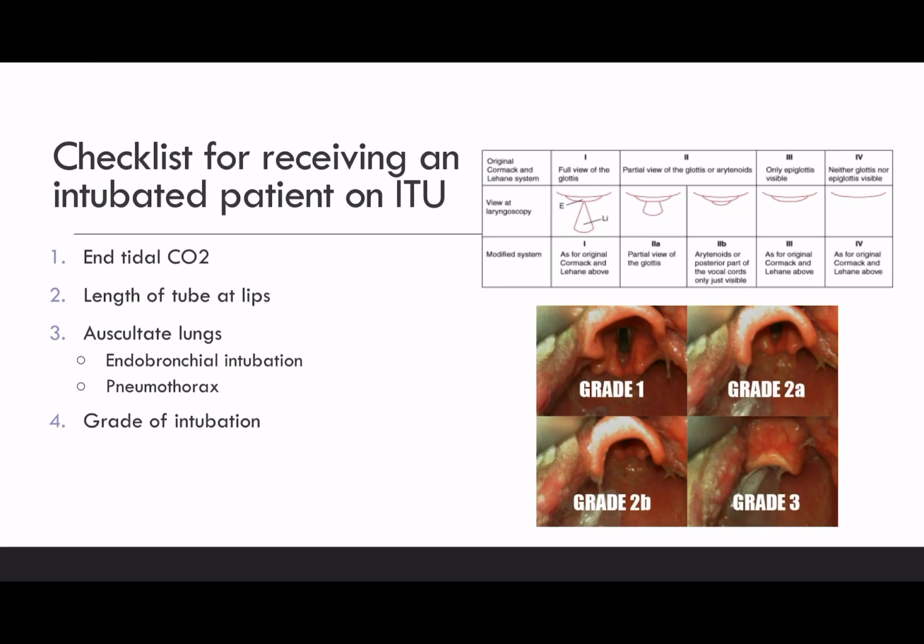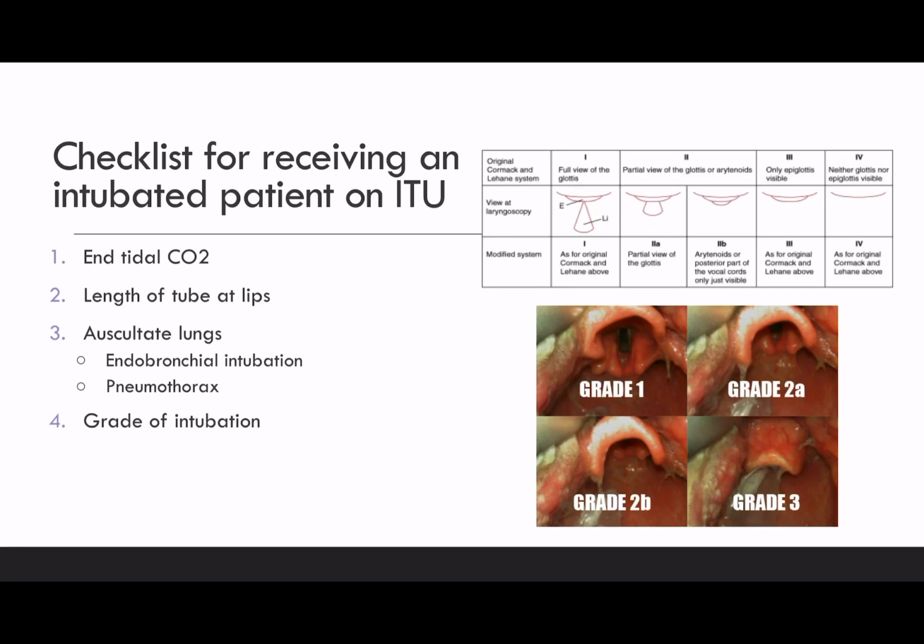And finally, with a grade 3 intubation, all you're seeing is the epiglottis. You can't see the glottic opening, and therefore, when you pass the tube, you're not quite sure whether it's gone into the trachea through the vocal cords, or whether it's flipped down and gone into the esophagus, which is literally lying just behind.